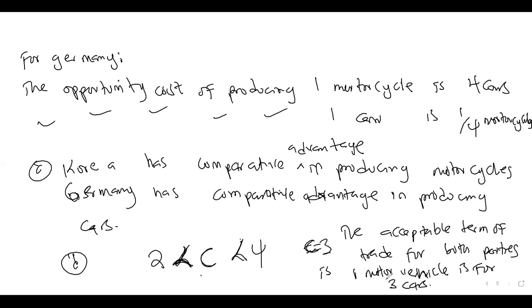Okay, one motor vehicle is for 3 cars. So this is quite simple. That will be the acceptable term of trade because the figure should be between 2 and 4. So it is 3. All right.